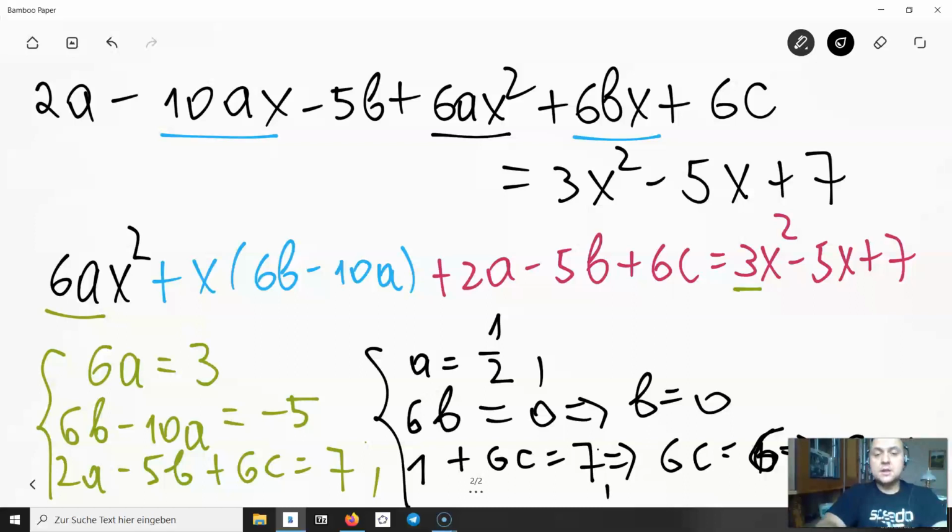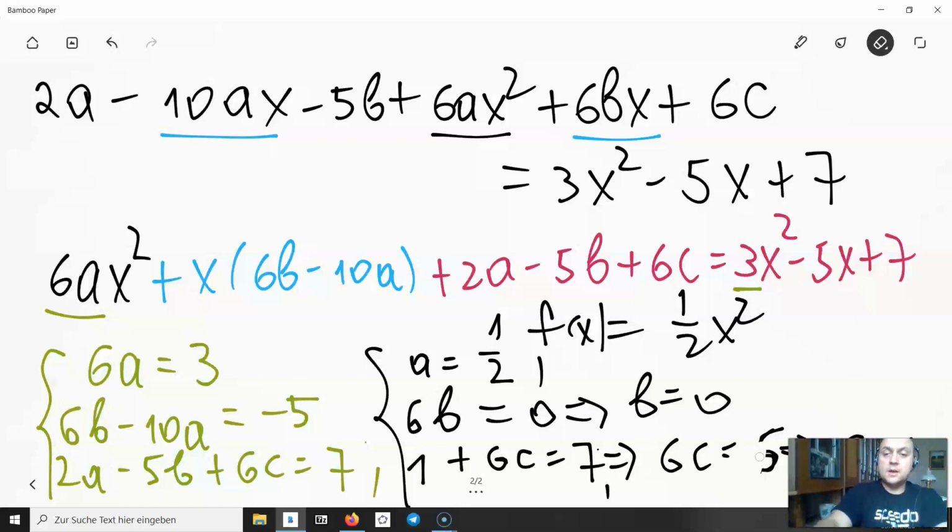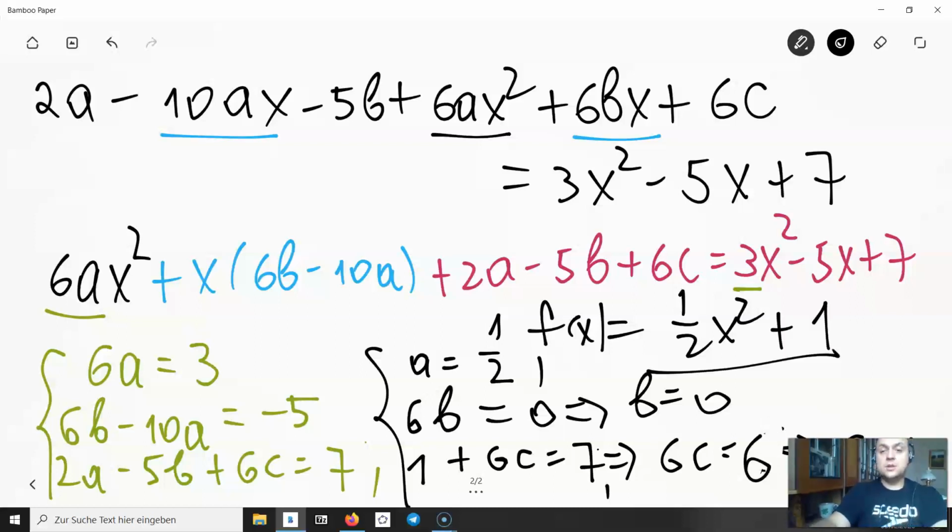So this is the solution. That means our particular solution is f of x equals a half x squared. Once again, b is 0, and c, as you can see right here, is equal to 1. So a half x squared plus 1. So what is the conclusion?